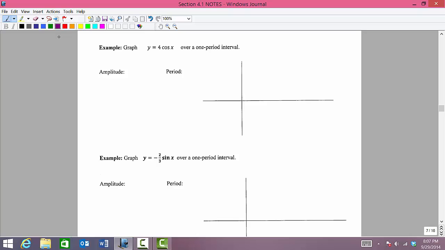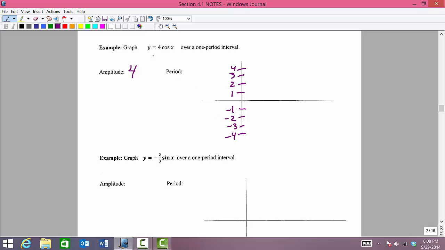Here we want to look at 2 more examples of a change in amplitude. Here we want to graph y equals 4 times cosine x. So we've multiplied the outside or the front of the function by 4, so the amplitude will now be 4. That means that my graph will be stretched by a factor of 4. So let's go ahead and label our graph here.